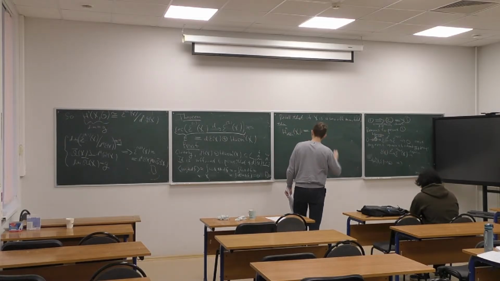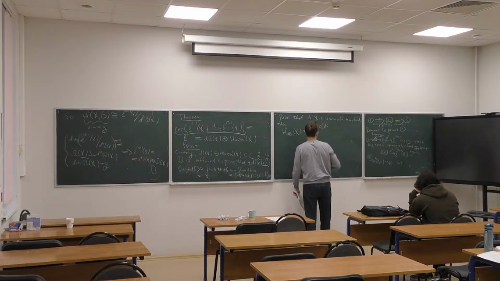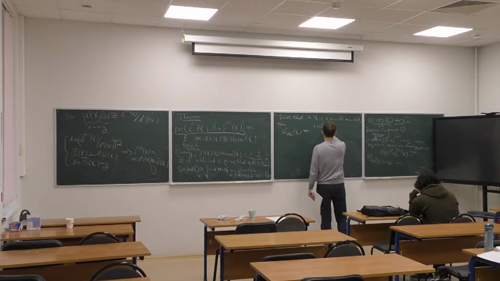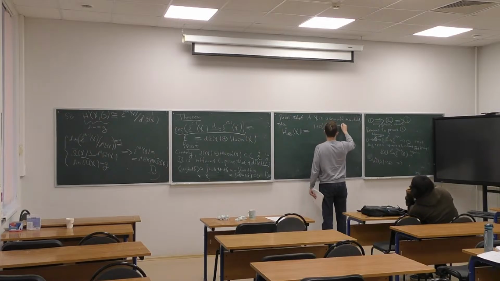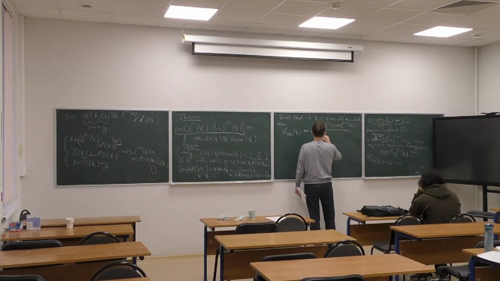This is equal to the kernel of the map D from n forms to n plus 1 forms over the image.